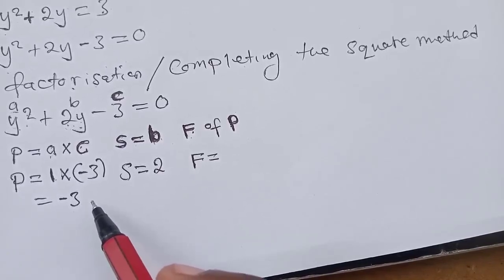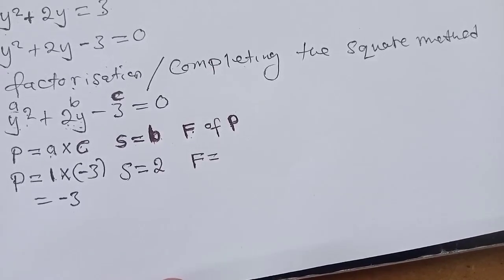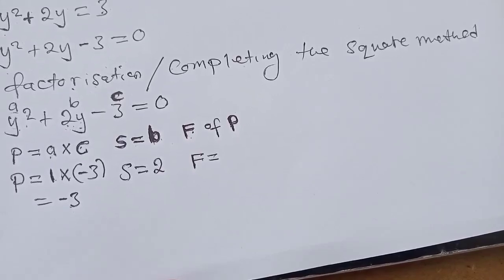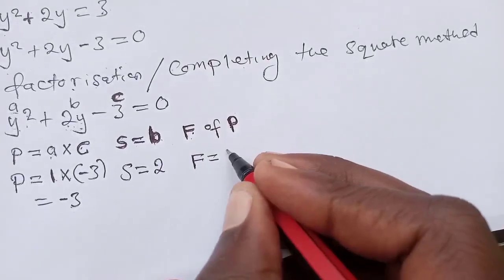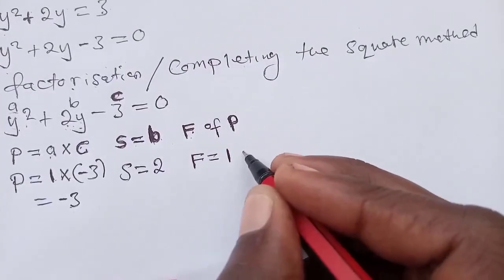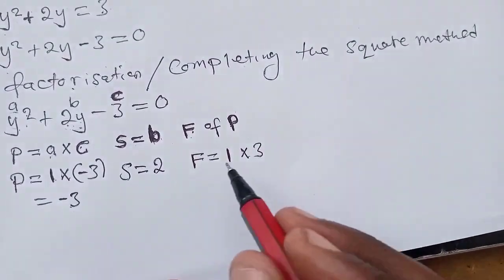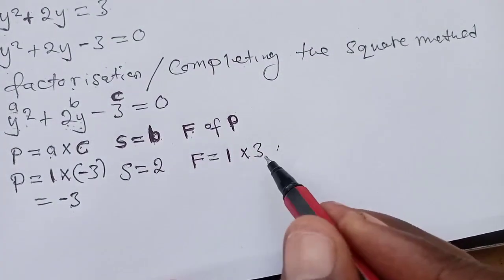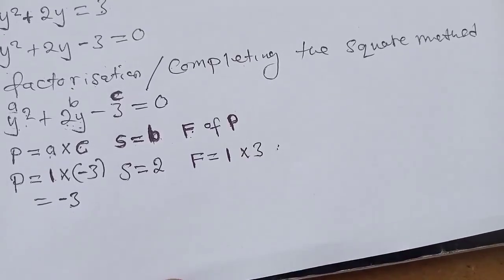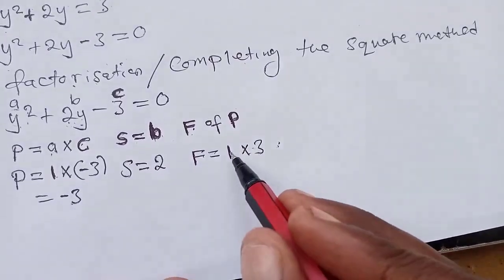What are those numbers? If you multiply 1 by 3, it is giving us +3, but we want -3. So where can we put the negative?